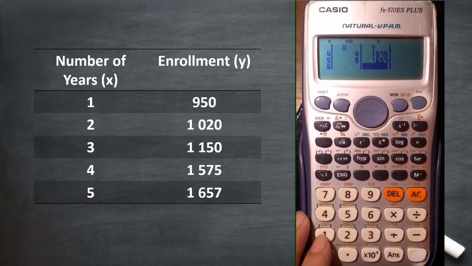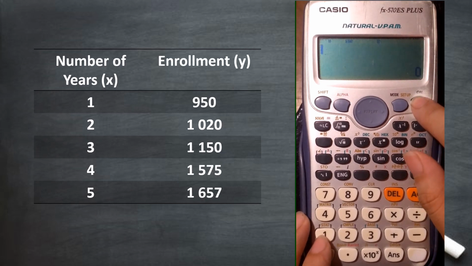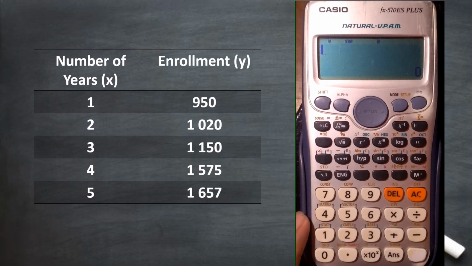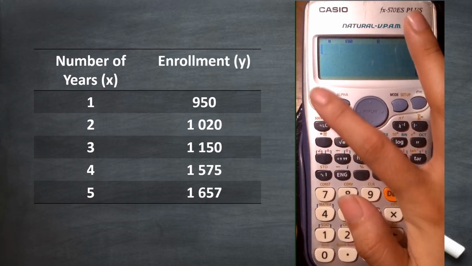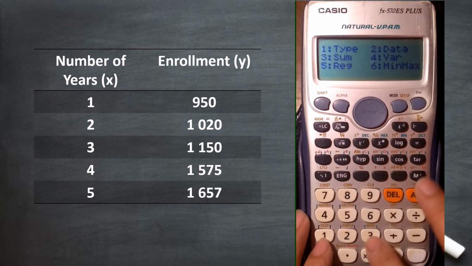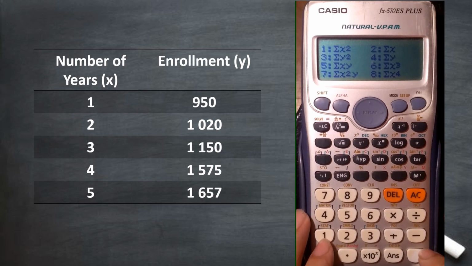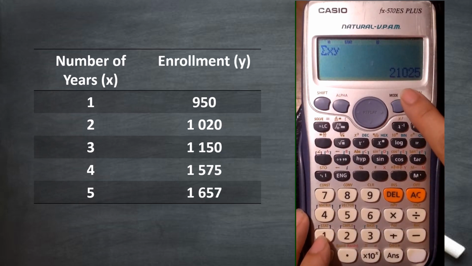After placing all the values, we press on, and then we compute for the summations by pressing shift, then stat, and then sum. First we get the summation of xy. The summation of xy is number 5 in this calculator, and then equal sign. This is the value for the summation of xy.